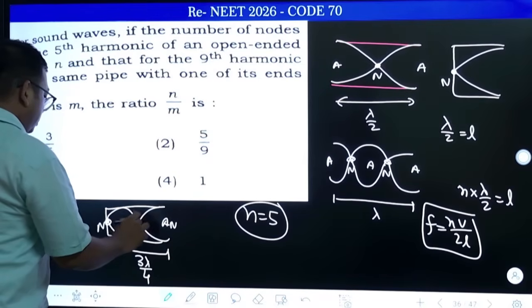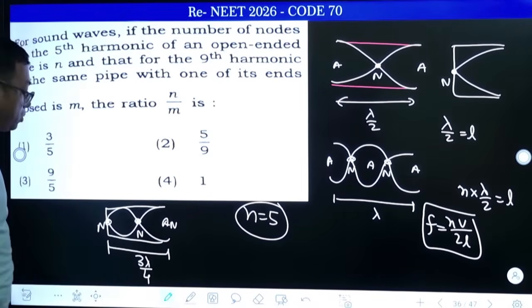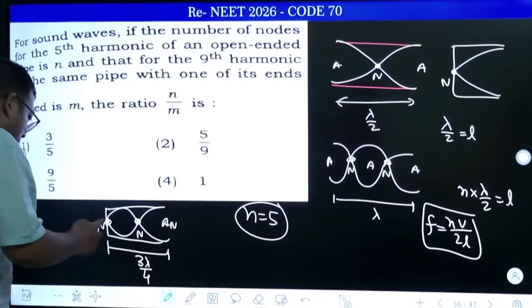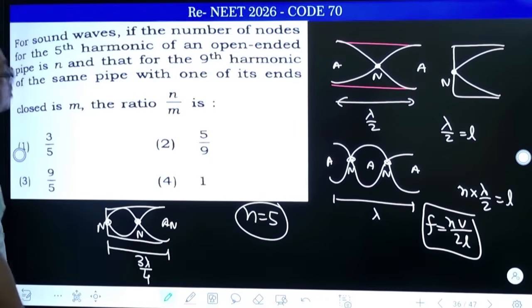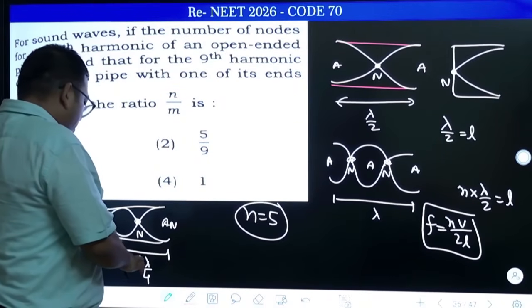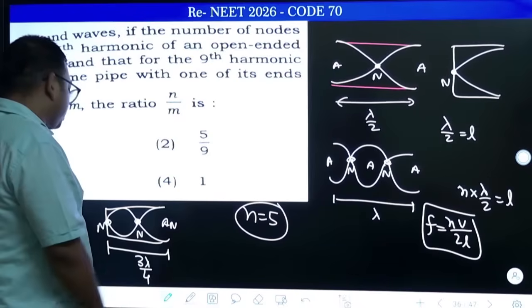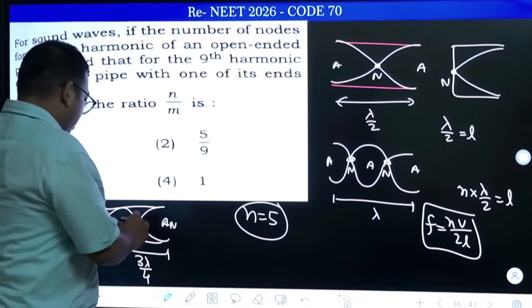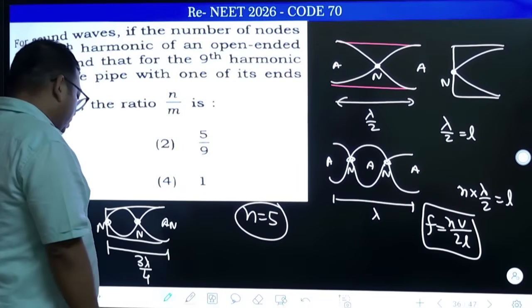So this is an odd harmonic, the third harmonic, but there are two nodes here. So the number of nodes means number of harmonics minus 1 divided by 2 plus 1. If you want the fifth harmonic, you can take one extra node, correct?